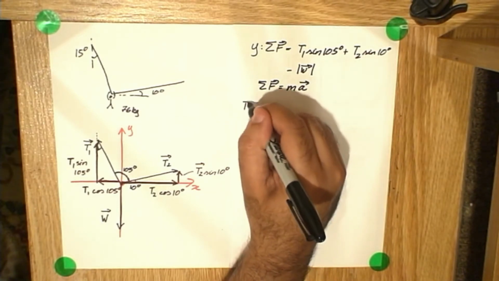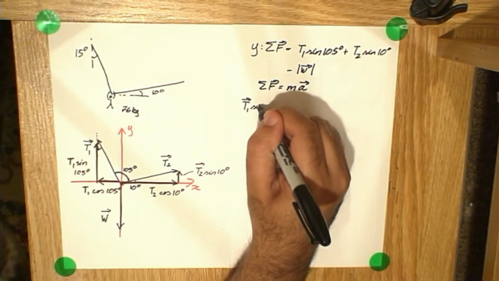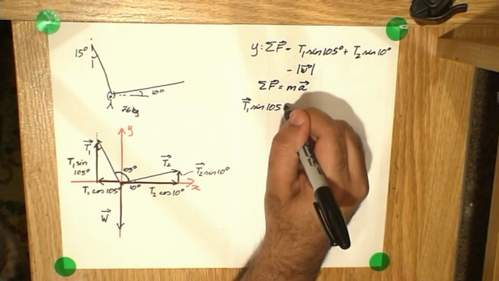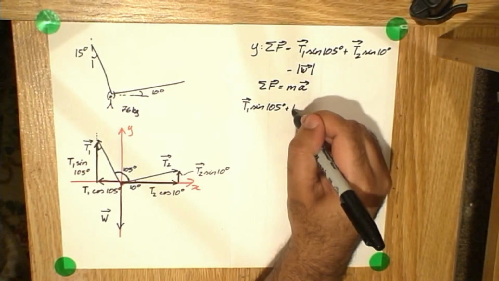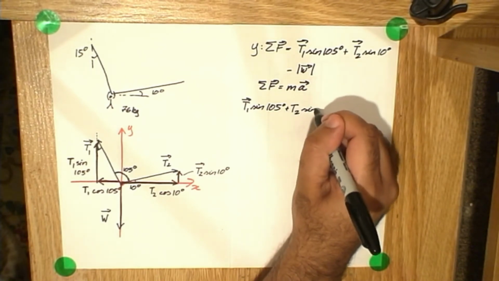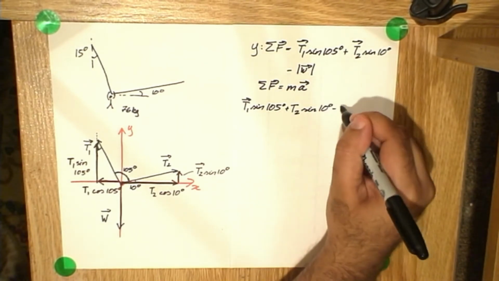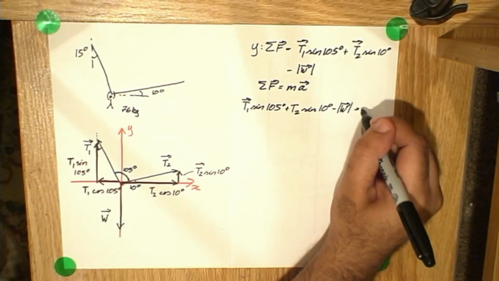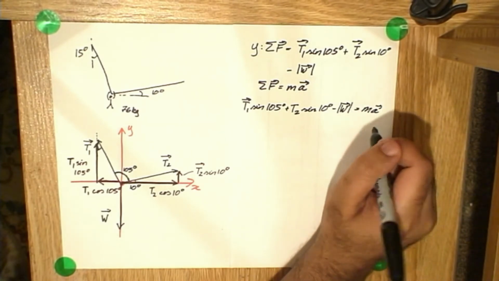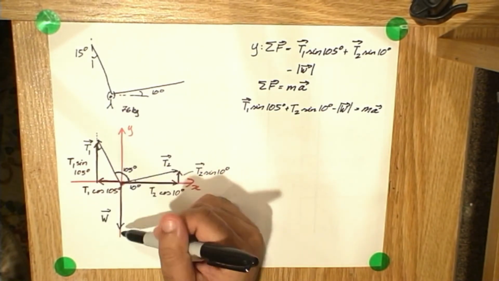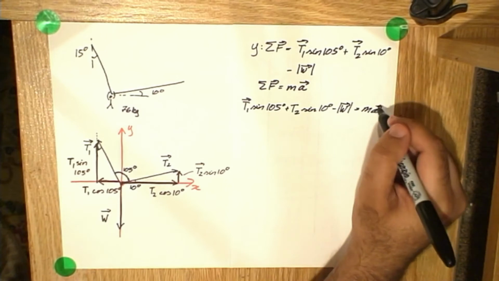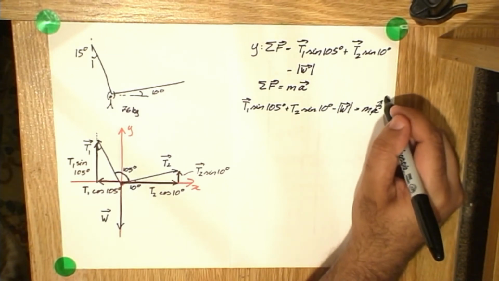So we now have that T1 sine 105 plus T2 sine 10 minus weight is equal to mass times acceleration. Once again, our heroine is not moving in the y direction, so that means that her acceleration is 0.